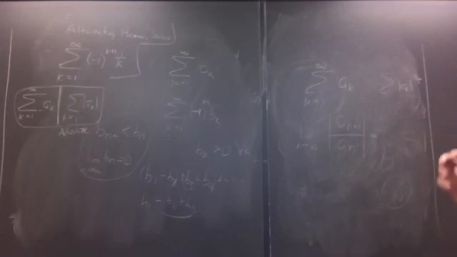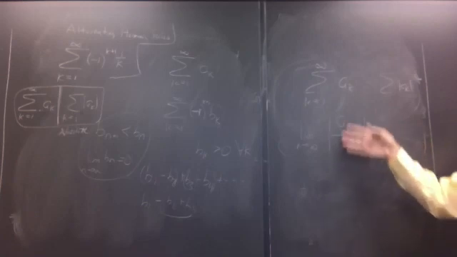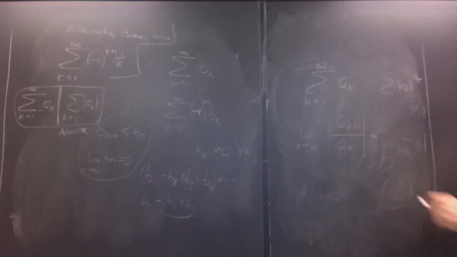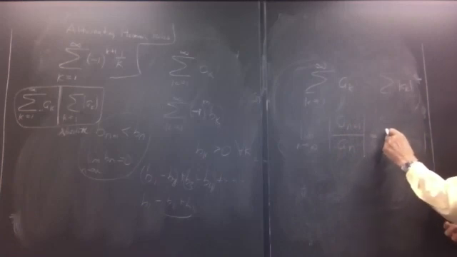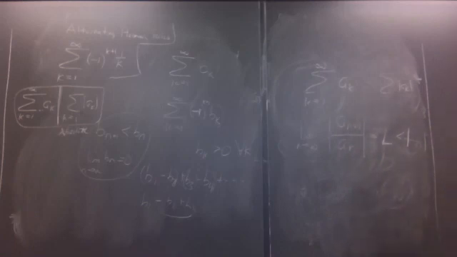You grab the n plus first one, you grab the nth one, and you divide. Then you take a limit. If this limit exists, call it L, and is less than 1, then the original series converges. This is on page 779.